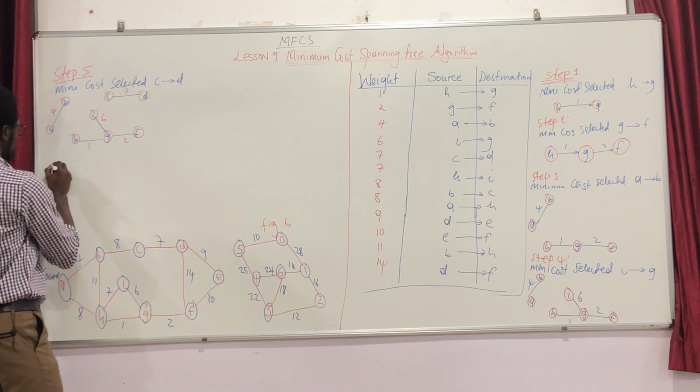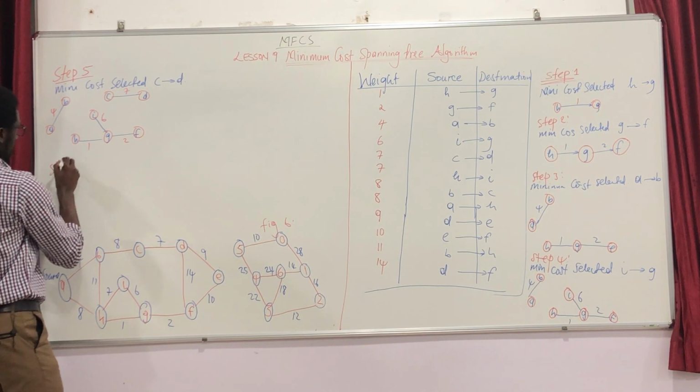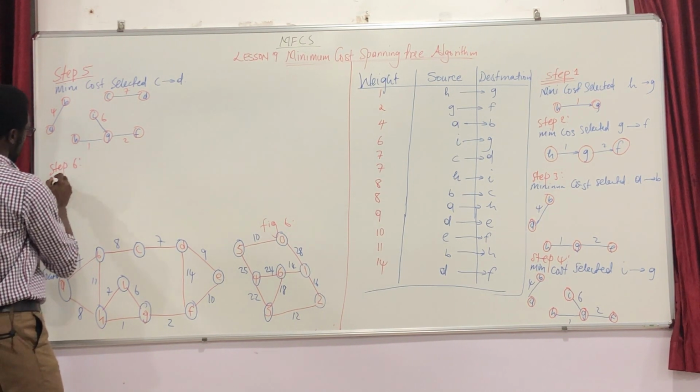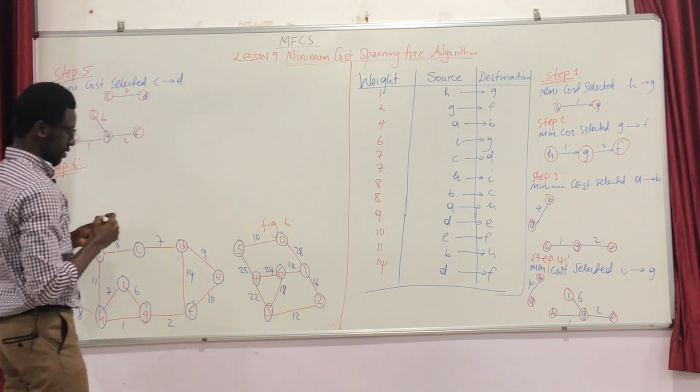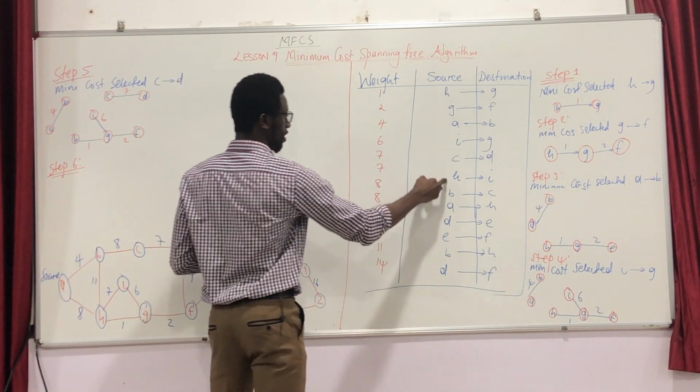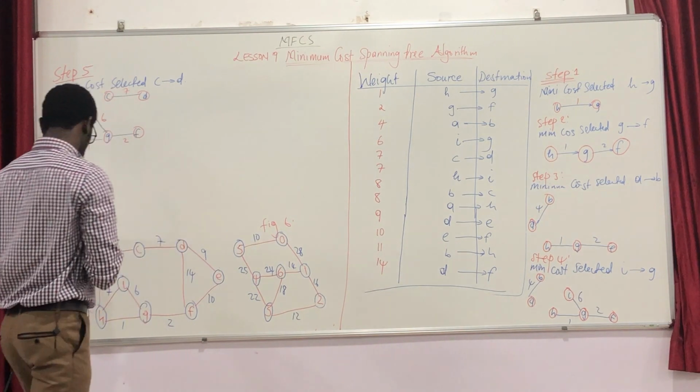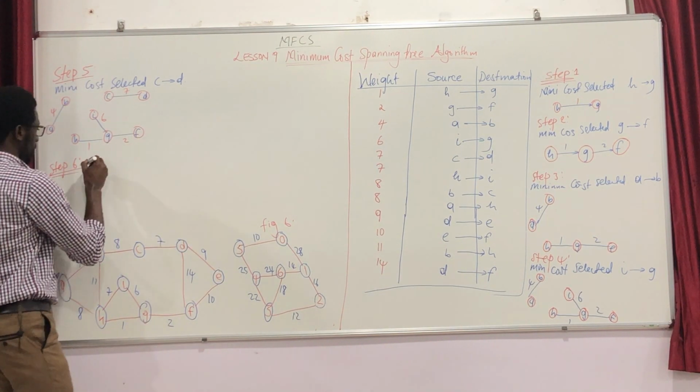So step 6. Step 6 here, another 7, H to I, minimum cost.